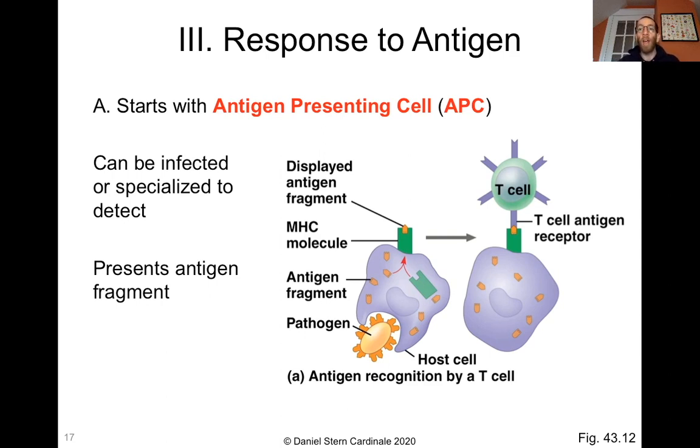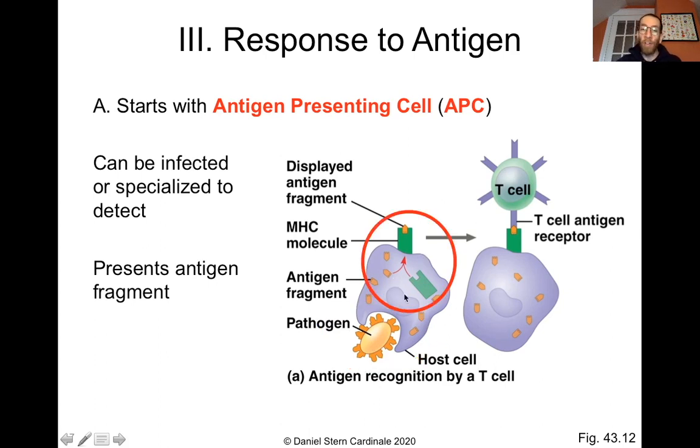They are going to somehow detect the presence of a pathogen and then present the antigen to surrounding cells so that the B cells and T cells can be aware of the presence of a specific pathogen. So looking at the figure, we have a pathogen right here. It is being ingested by this cell, so we can call this, for example, a phagocytic cell.